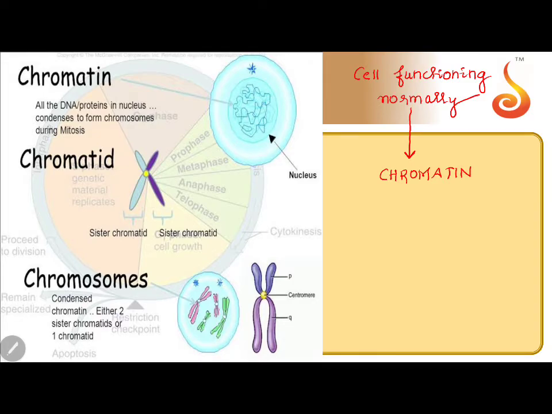When do I see chromatid and chromosome? Chromatid and chromosome, we see them only during cell division. This is one fundamental difference you should understand.